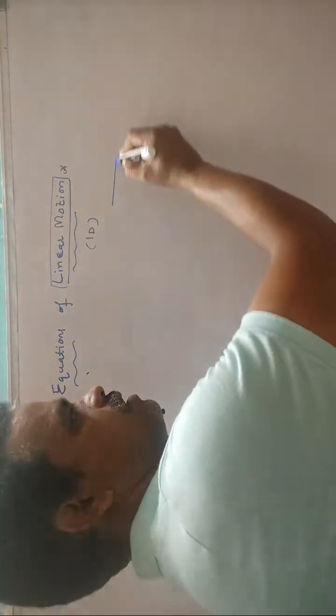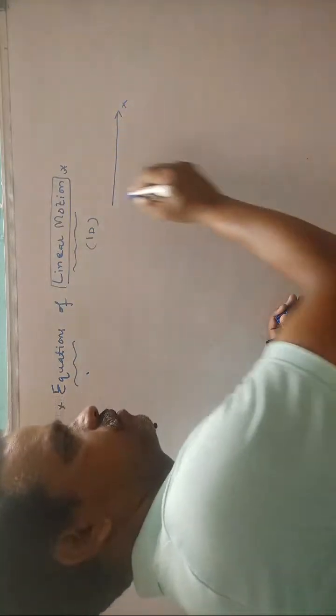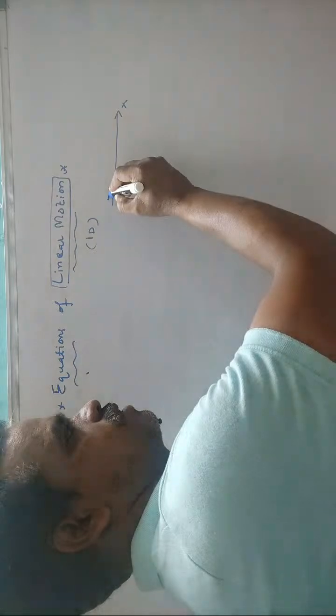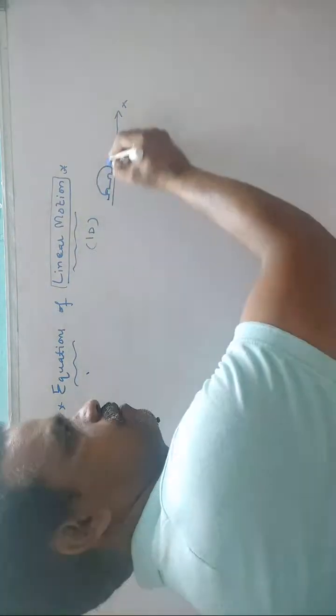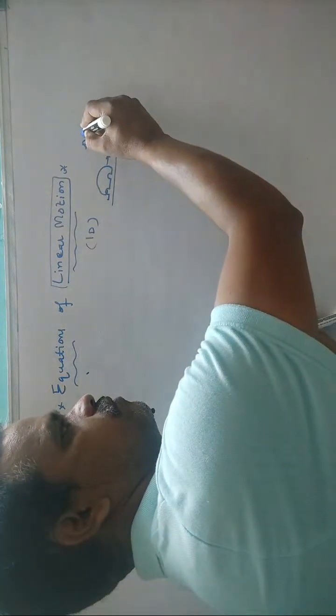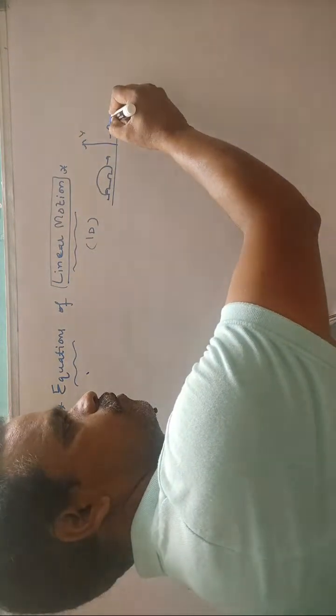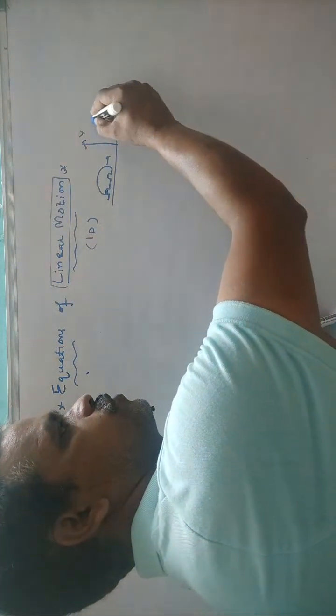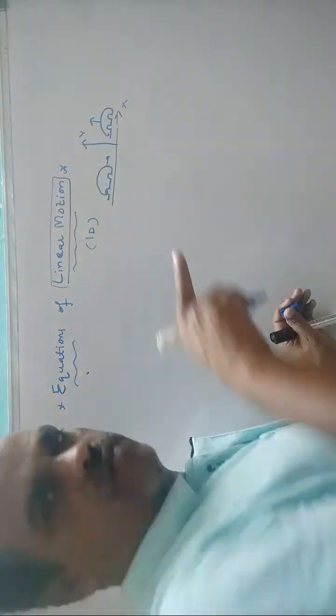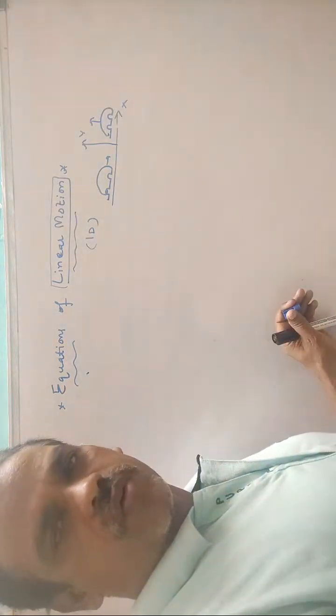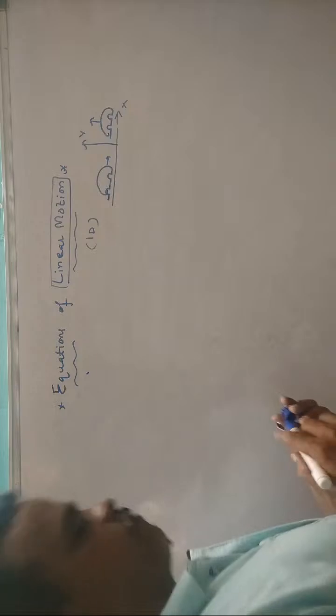Either the body is traveling in x direction or in y direction. Whatever it is, you have to take only constant in a particular direction. So for this I am giving one more formula to you.